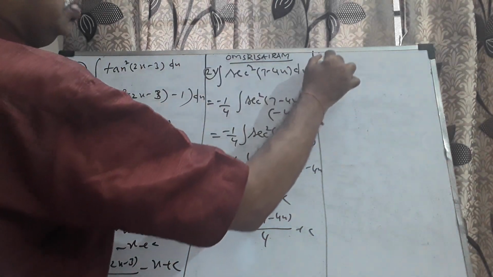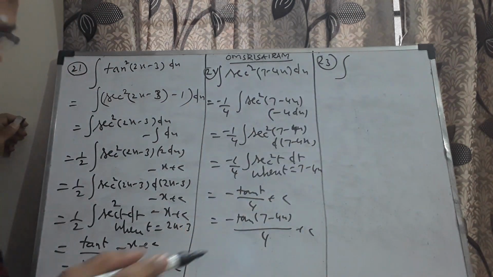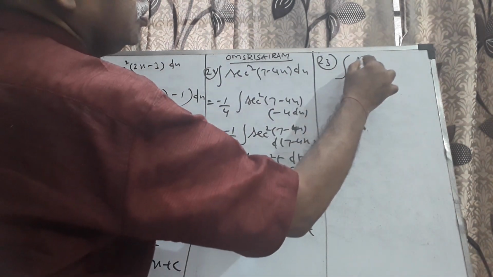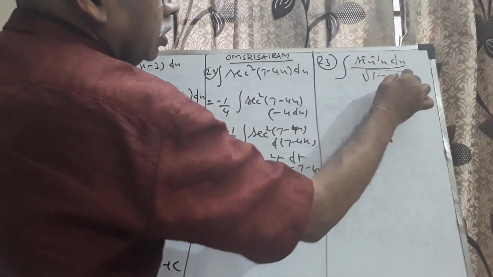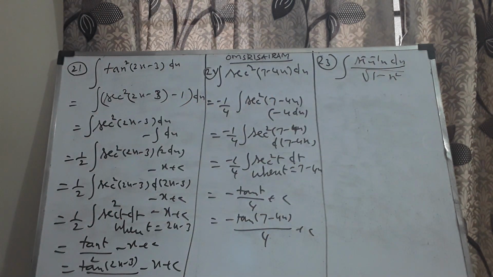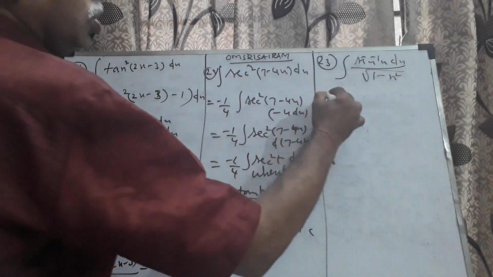Now the 23rd problem. It is integral sine inverse x dx by root of 1 minus x square. Let me group dx by root of 1 minus x square.